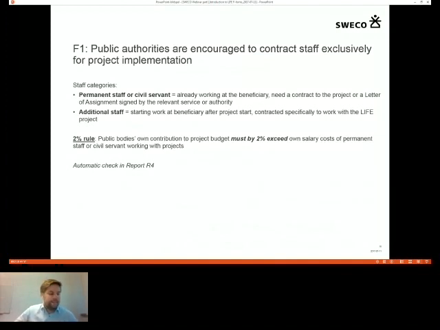But the strict definition is that the permanent staff must have worked at the municipality prior to signing the grant agreement, the contract. So before the project started, basically.